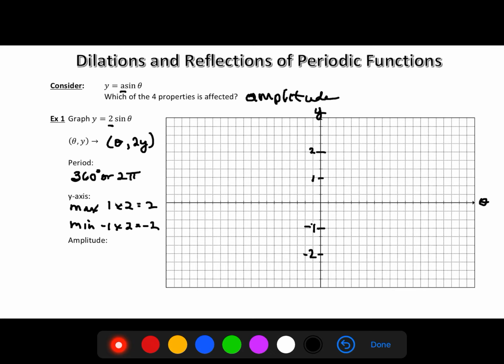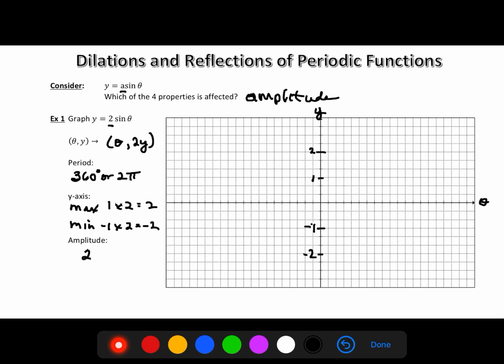Now, our period is still going to be 360 or 2 pi, depending how we're measuring that. And we're going to do a couple of each type just to show how we can do it in either measurement. Now our amplitude, as we talked about, is going to be 2.